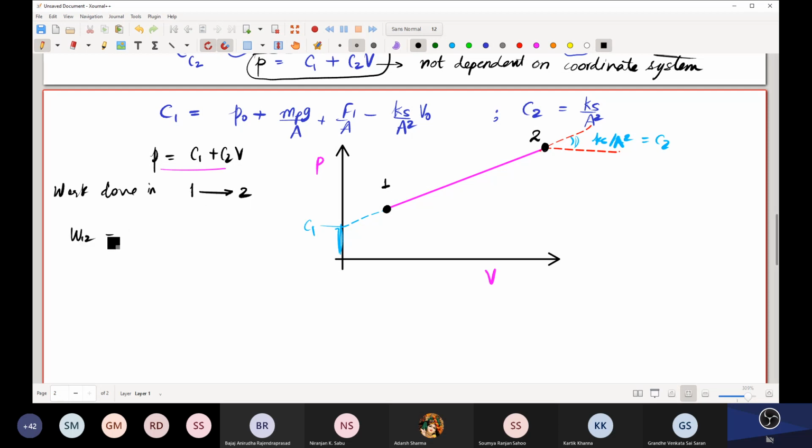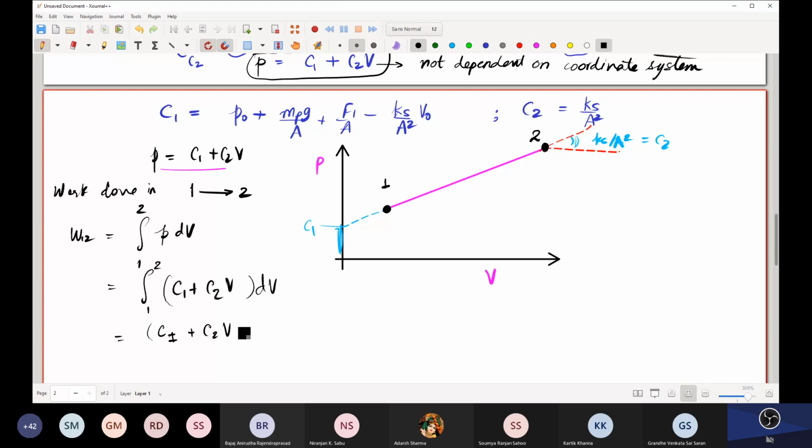So, W12 will obviously be the integral from 1 to 2 of P dV, and this will be the integral from 1 to 2 of C1 plus C2 V times dV. So what will this be? You can do this in various ways.